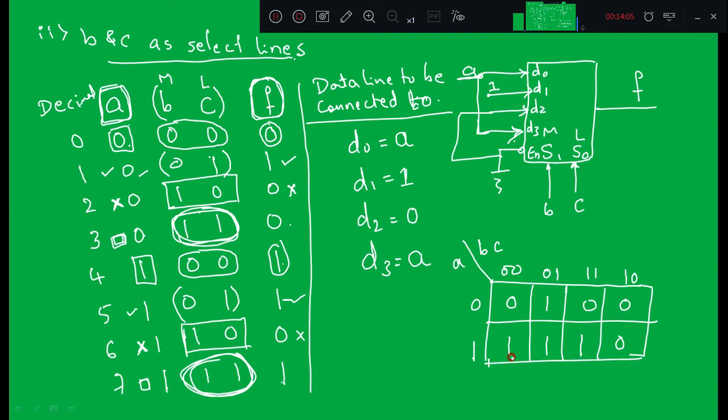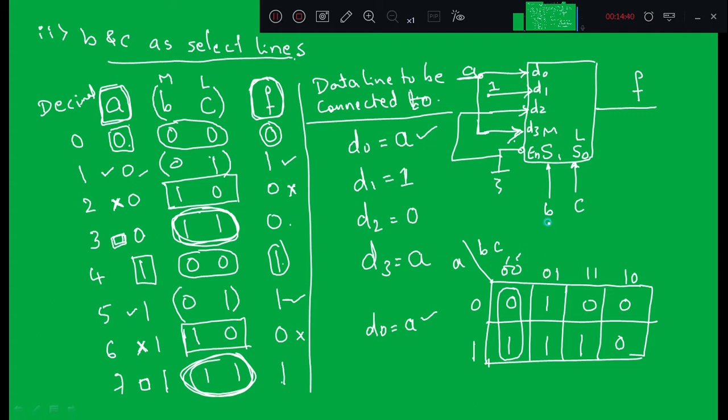Now identify where B is equal to 0, C is equal to 0, these two. So you need to group these two cells. Again, compare these grouped cell values with the value of A. Is it matching? A is 0, 1, output is also 0, 1, right? So D0 is equal to A. Is it matching? Yes.